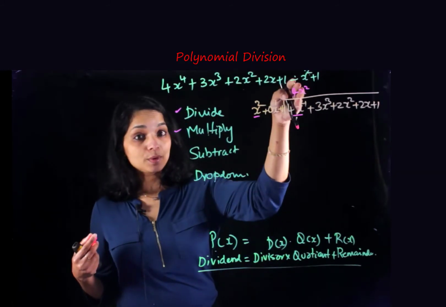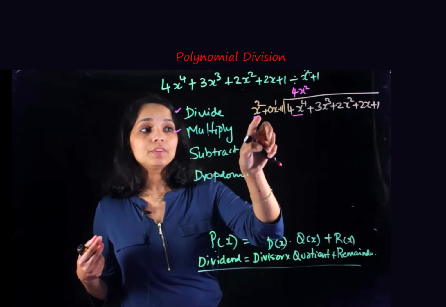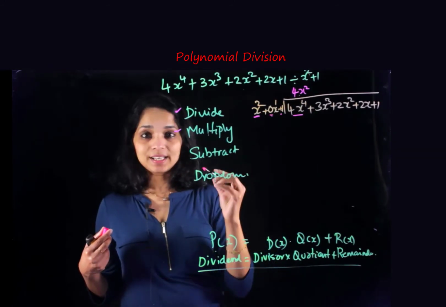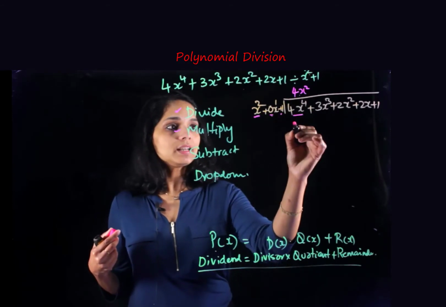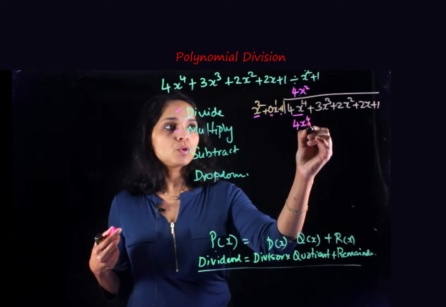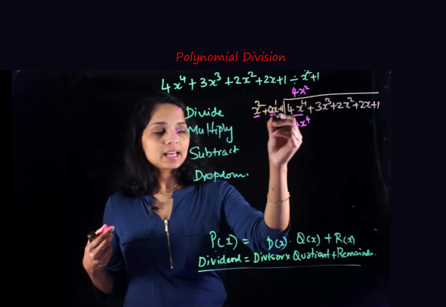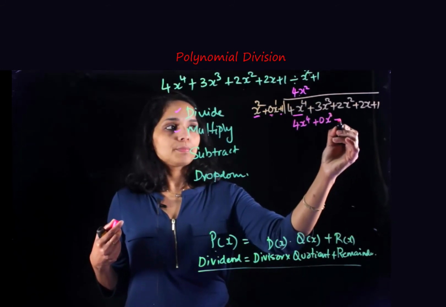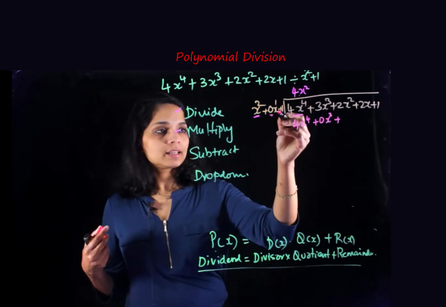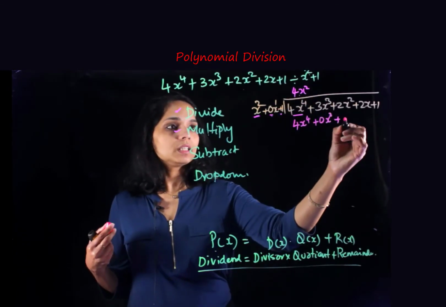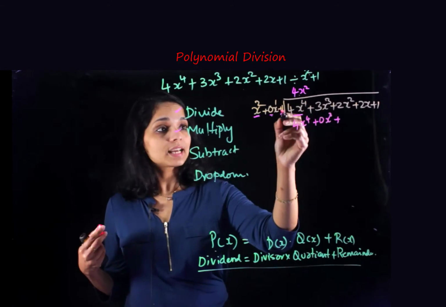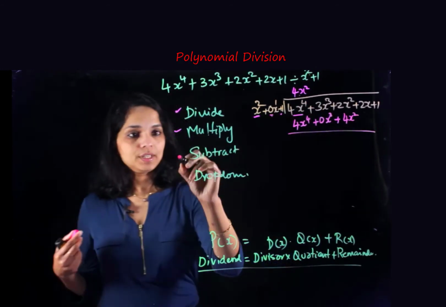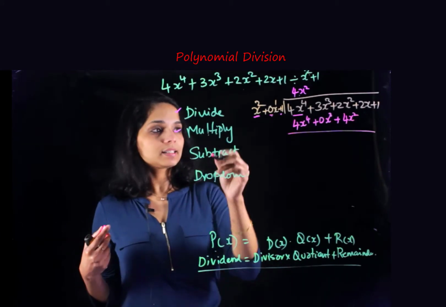When you multiply, you should multiply with every term in the divisor. 4x squared times x squared is 4x to the power 4. 4x squared times 0 is 0x to the power 3. 4x squared times 2 is 8x squared... 4x squared times 1 is 4x squared. Now we've done that step.